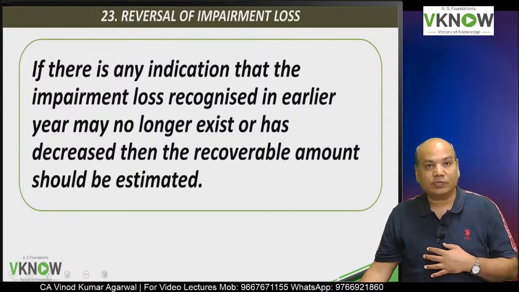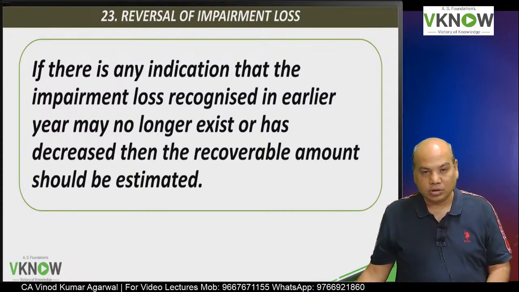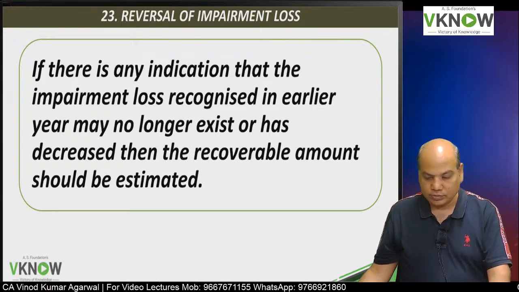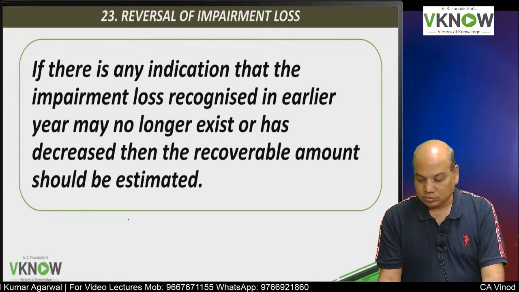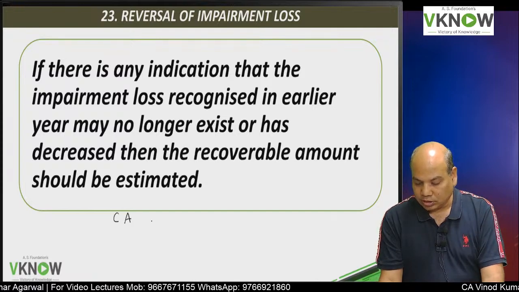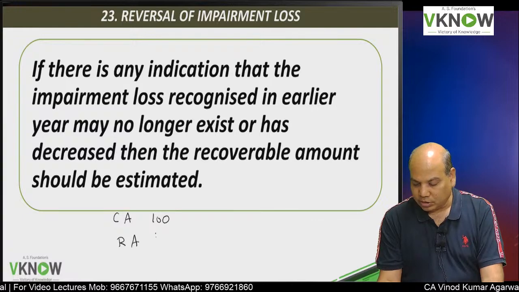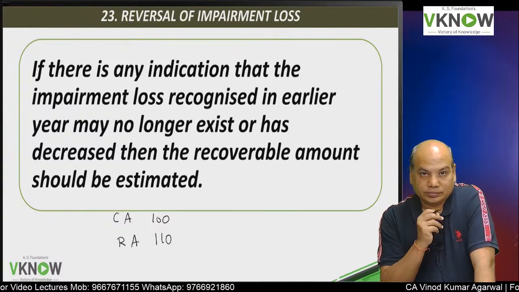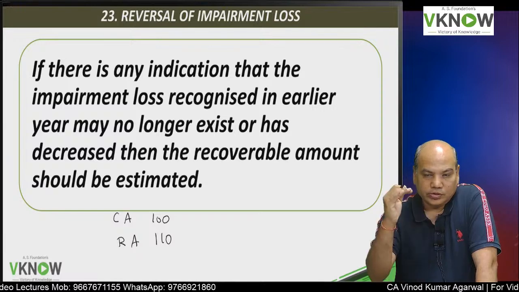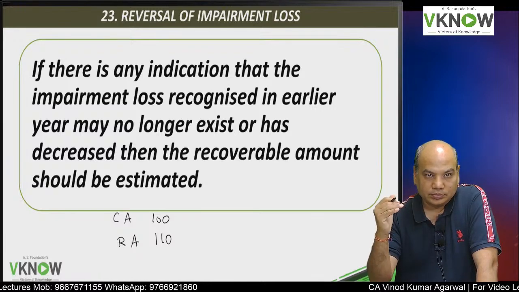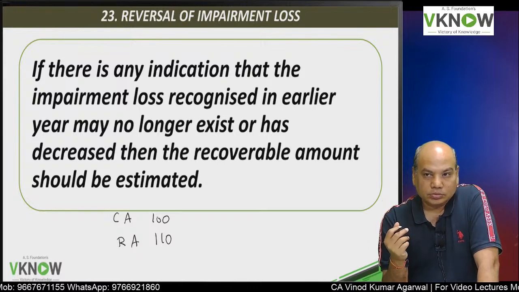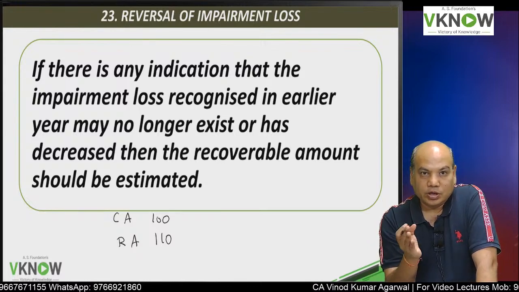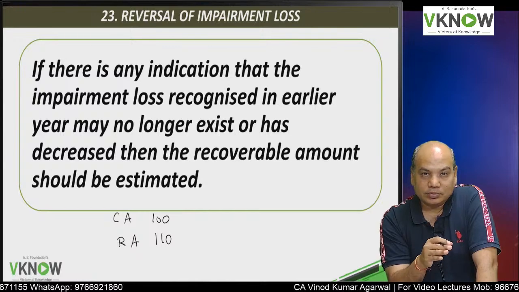Now the next part of this chapter is about reversal of impairment loss. What do you mean by reversal? Carrying amount 100, recoverable amount has increased, because sometimes it is possible that the recoverable amount has gone up for assets which were earlier impaired.